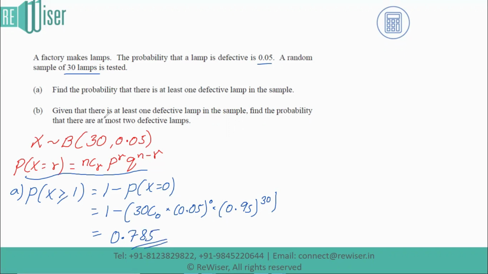Now for part B, given that there is at least one defective lamp, find the probability that there are at most two defective lamps. This has something to do with conditional probability as well.